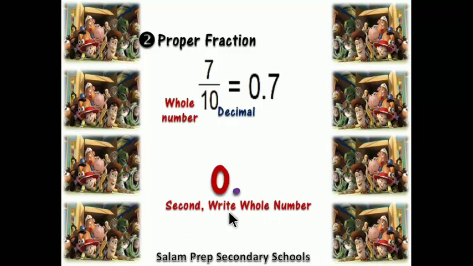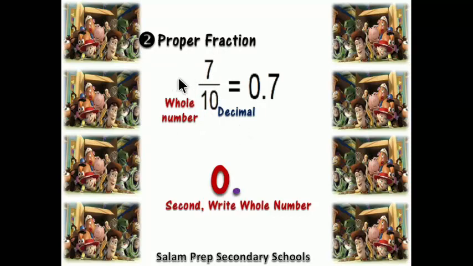Second, write the whole number. Please look at the proper fraction. This is the whole number position. The proper fraction represents the decimal part, okay?